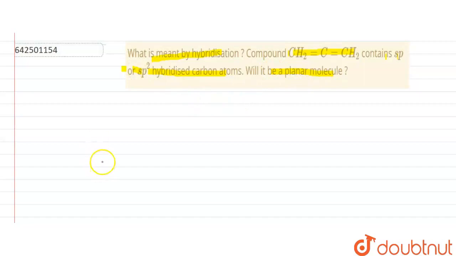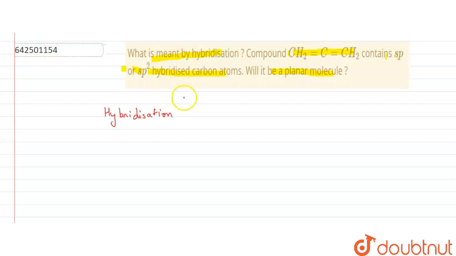So let me write hybridization. So hybridization is an idea. It's not something that is there for sure. It is an idea that atomic orbitals fuse to form newly hybridized orbitals, and which in turn influence molecular geometry and bonding properties. So basically, it is defining the bonding properties of an atom.